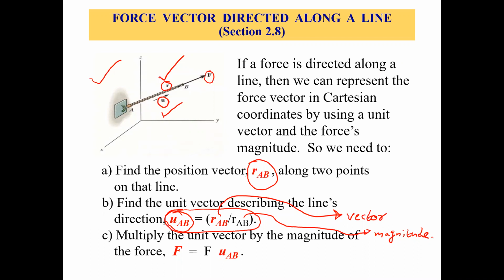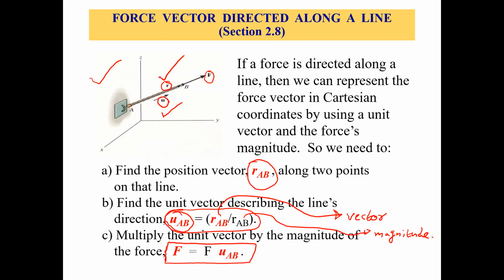So from the first two steps, we have RAB, the position vector from A to B, and we also have U sub AB, the unit vector. Now multiply the unit vector by the magnitude of the force to find the force vector F in Cartesian form.